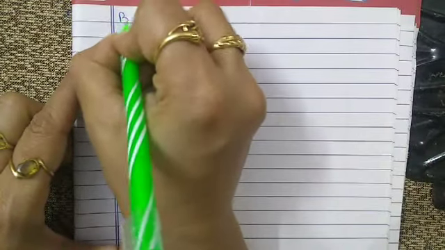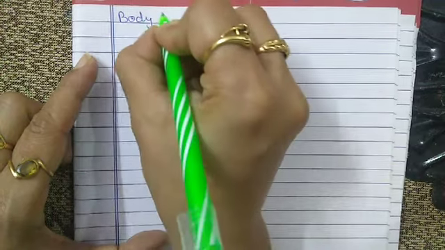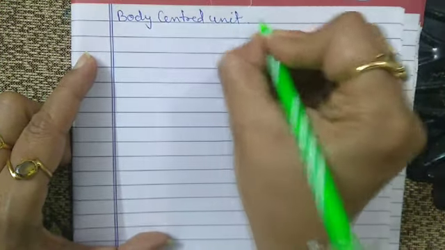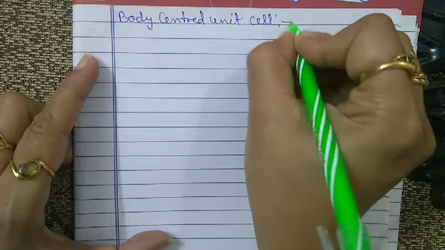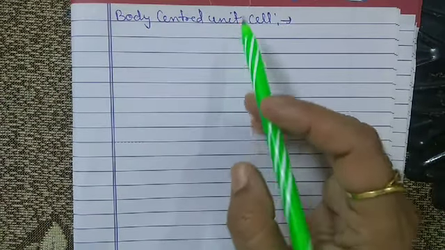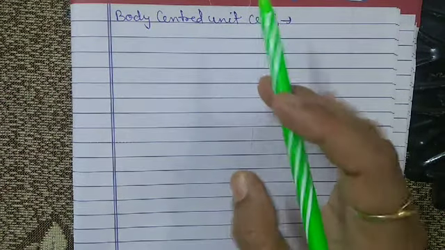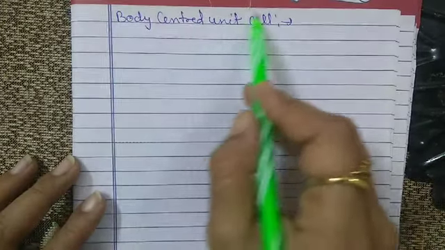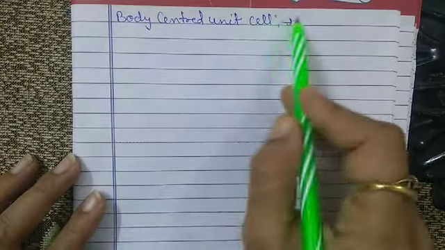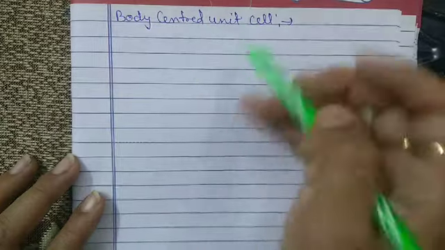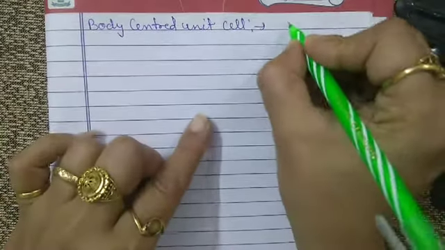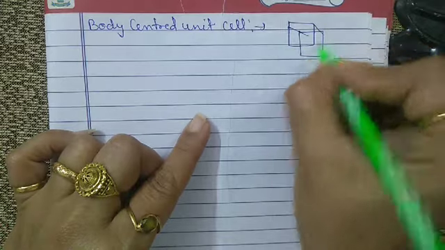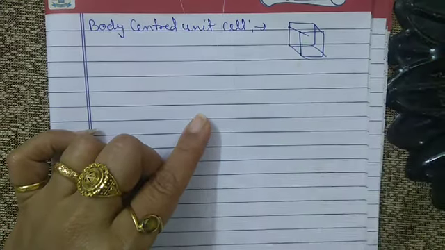Now the next is the body centered unit cell. We have already counted that the simple or primitive unit cell has 1 atom per unit cell. Now let us count the number of atoms for the body centered unit cell. First of all, this is the structure for the body centered unit cell.